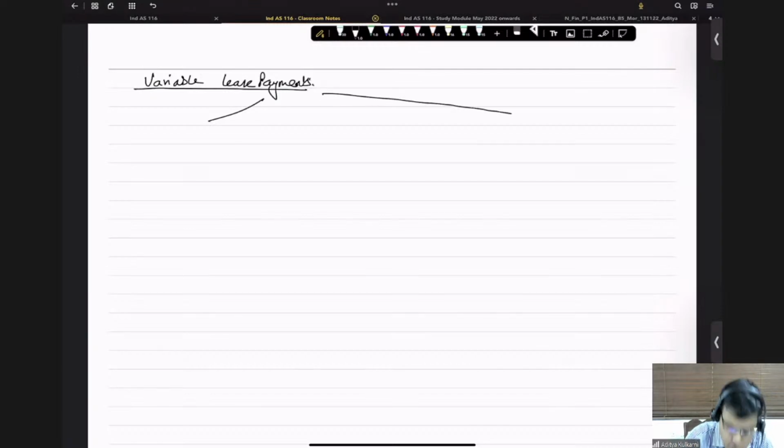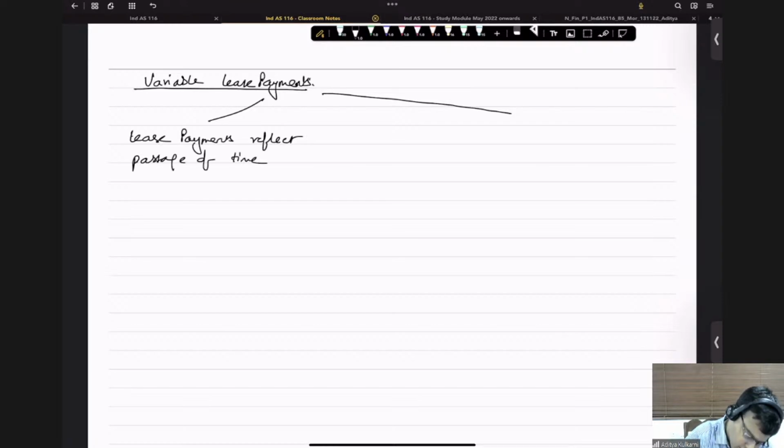I can give two examples. Lease payments that reflect passage of time. Lease payments that reflect factors other than passage of time.